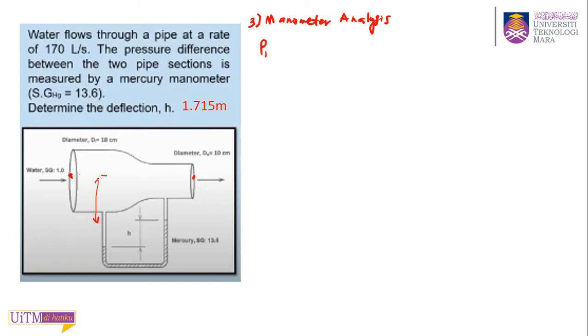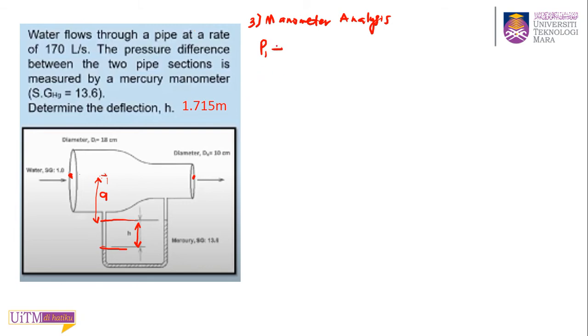Kat sini dia bagi H, but you don't have any height from your P1 sampai ke sini. So you need to introduce any height lah. Let's say it is A. But if you don't have that, you cannot write your manometer equation kan.